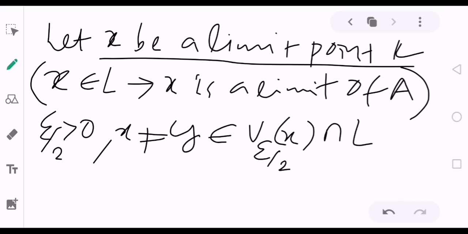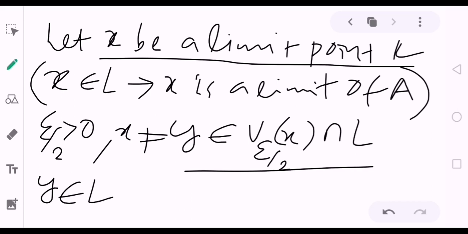So for epsilon by 2 greater than 0, there is a point y not equal to X, which is an element of the epsilon by 2 neighborhood of X and L. And also from this we get y is an element of L. So y is an element of L means that y is a limit point of A.